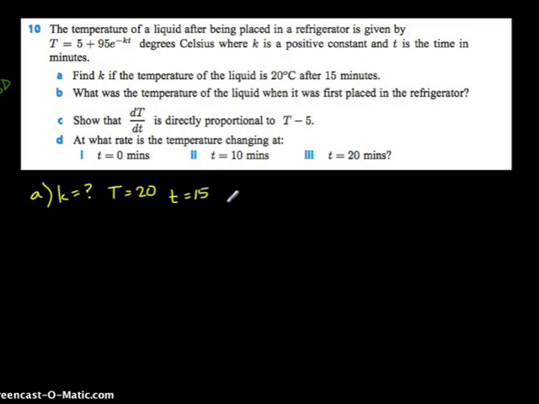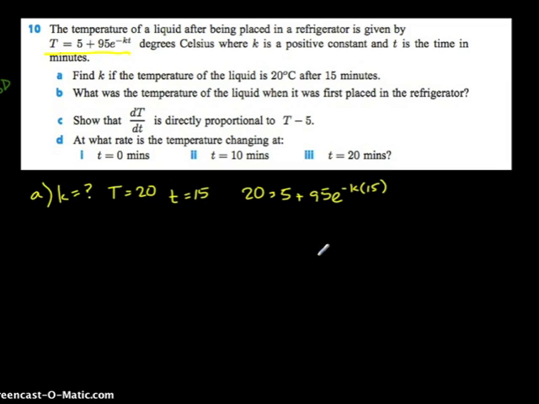So to find k, we're simply going to use this equation that we have for temperature, plug in the values for temperature and time, and solve for k. Not so bad. So that means I have 20 equals 5 plus 95 e to the negative k, and instead of t, I put 15.